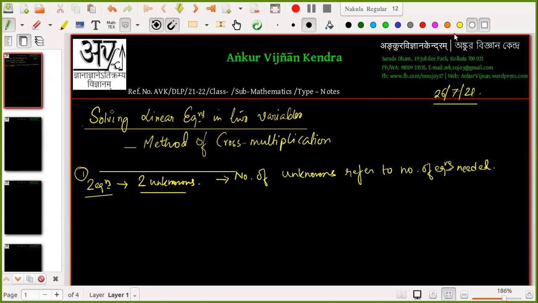Then number two, the point number two is, what is the general form?